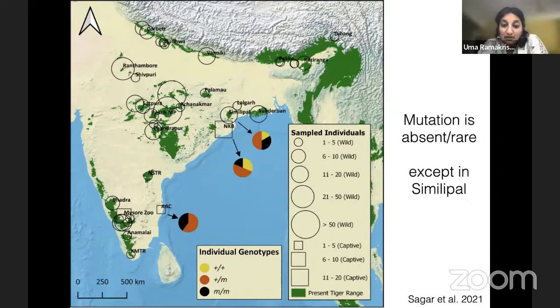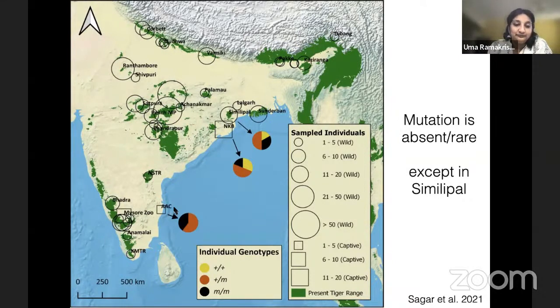So together with a lot of collaborators, and big thanks also to Anuradha and the CCMB team here, we were able to look at almost 400 individual tigers from across the tiger range, mainly from India, and we did not find the pseudo-melanistic allele mutation anywhere other than in Simlipal and in two zoos.